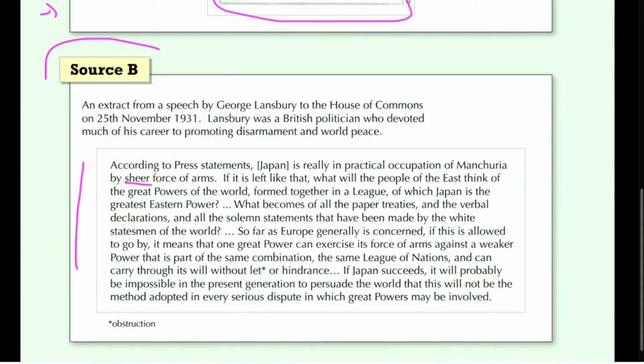Alright, so let's move on, let's get back to the reading. And again, so by sheer force of arms, if it is left like that, what will the people of the East think of the great powers of the world formed together in a league, of which Japan is the greatest Eastern power? It's a question, right?